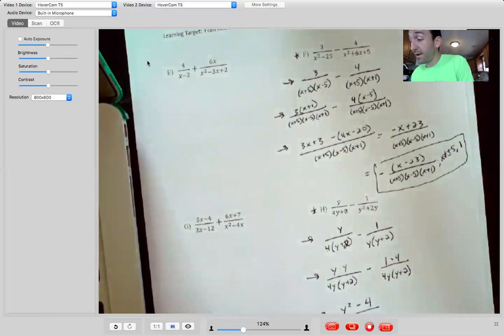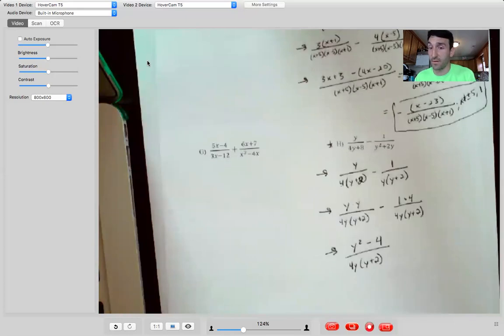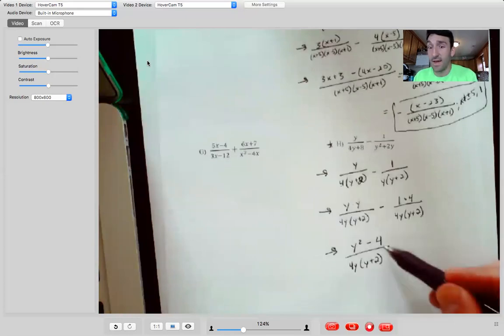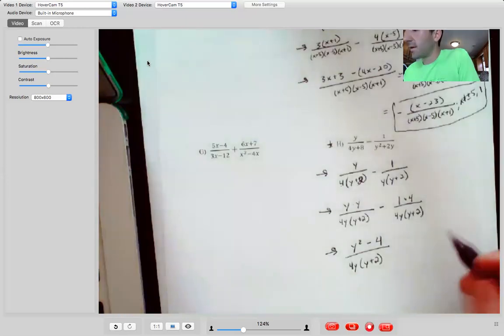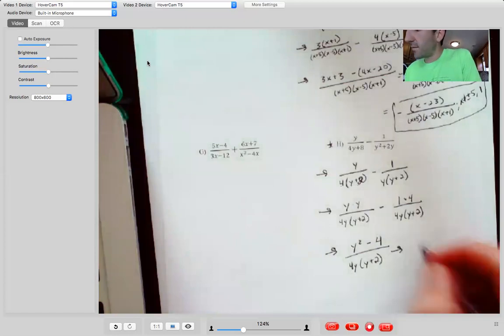But you got to be careful here because this is a little bit of a tricky one. Sorry, it was off the screen a little bit. Recognize that as a difference of squares. So we're not quite done yet. So we'll go ahead and factor that out. A plus b times a minus b, or in this case, y plus 2 times y minus 2.